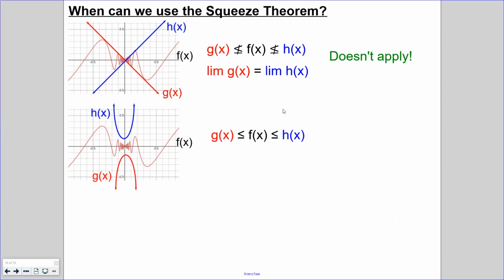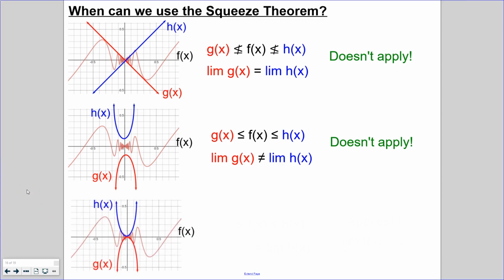That part of our conditions is satisfied. However, unfortunately, h of x and g of x don't appear to meet anywhere. So their limits would not be the same value anywhere, which means the limit of g of x would not be the same as the limit of f of x, which sadly again means the squeeze theorem would not apply here.